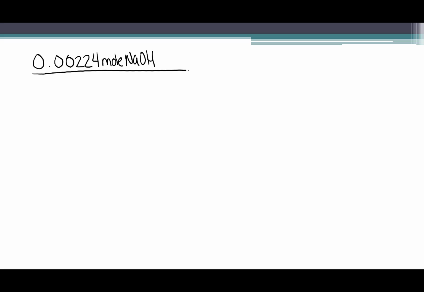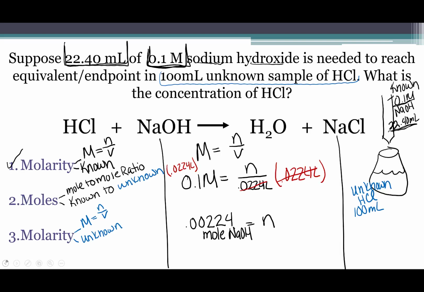I'm doing that mole to mole ratio, so I'm going to do my train tracks here. Little to no thought, moles of NaOH go on the bottom. Okay. Now I just need to go back. I'm going from moles of my known to moles of my unknown.